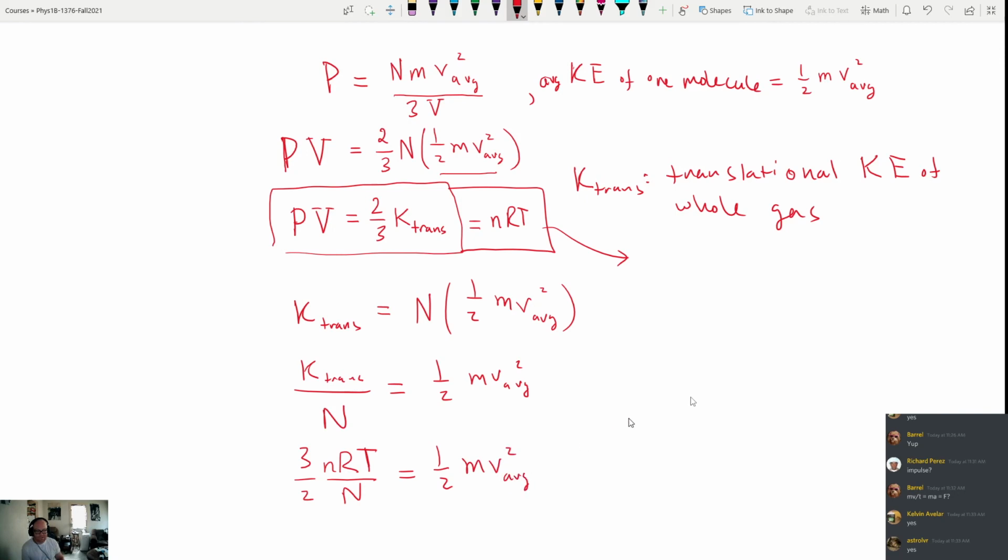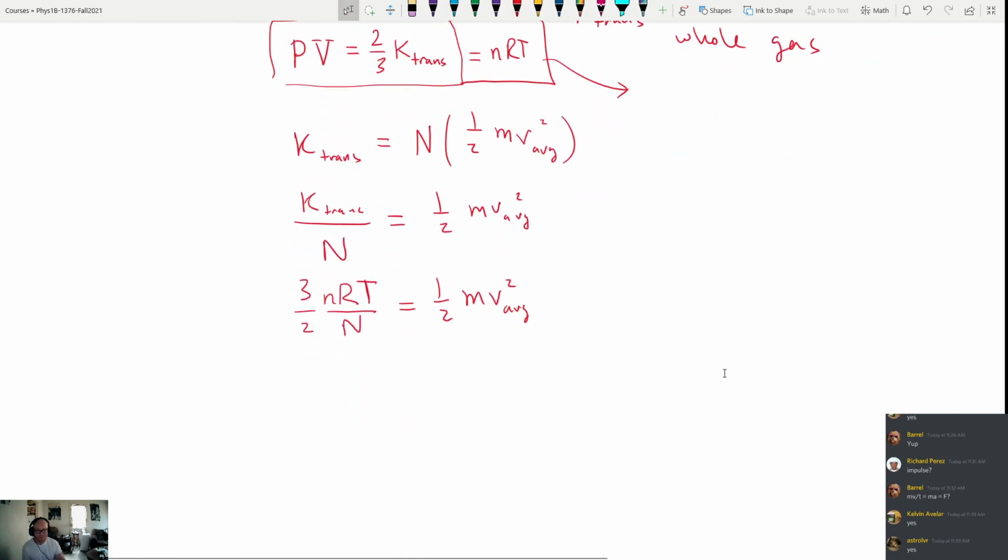And then we can go, what's N over n? Capital N is the number of atoms. So if I take number of moles and I divide by number of atoms, what do I get?